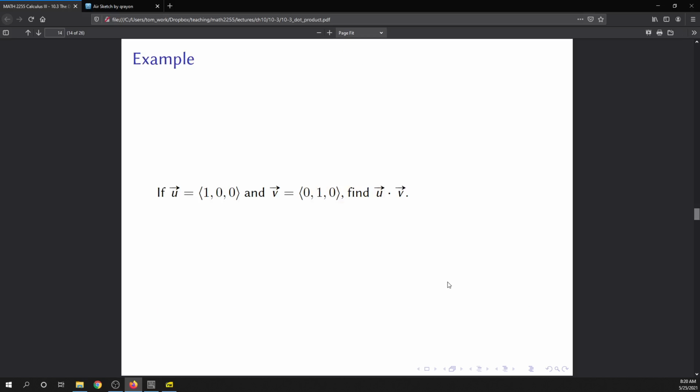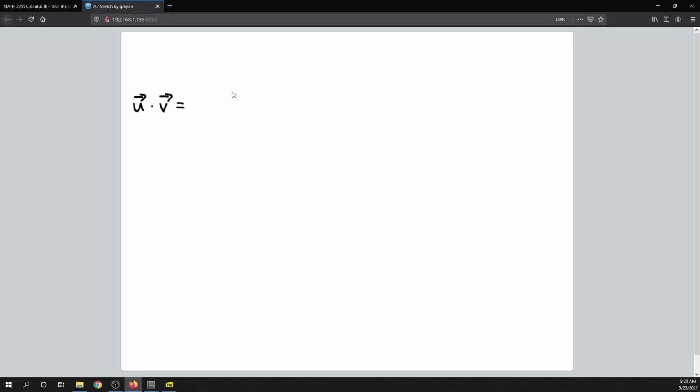All right, let's take a look back through the examples that we had before. So in a previous video, we talked about the dot product of these two vectors, u and v. Now we're going to use this computational formula to do that. So we're going to take the dot product of u and v.